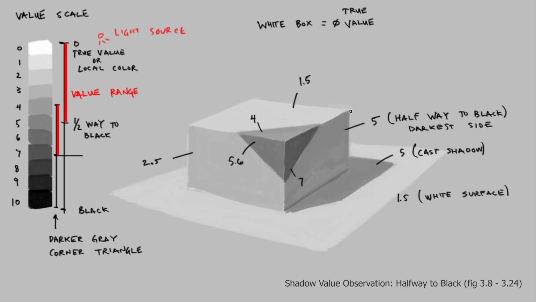I mostly try to paint everything on one layer just to mimic traditional mediums, but there are times around these corners and edges where it might help to paint on a new layer and then erase after the fact.